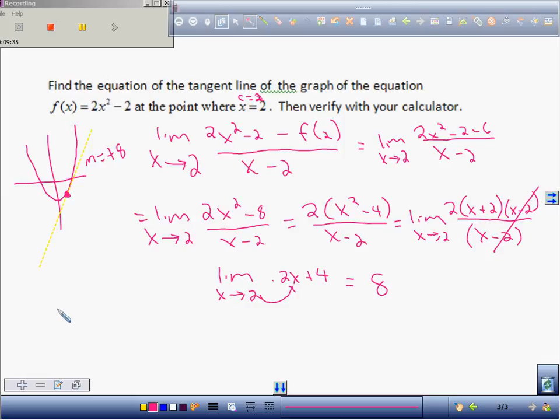You understand that? And it says verify with your calculator. We're not done yet, because it asks you to find the equation of the tangent line.